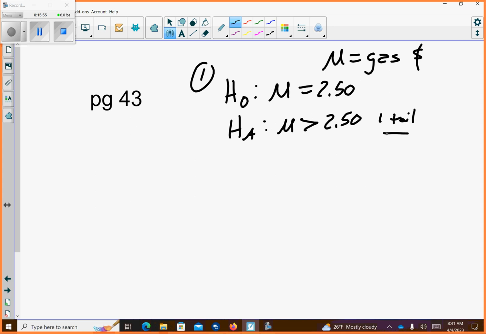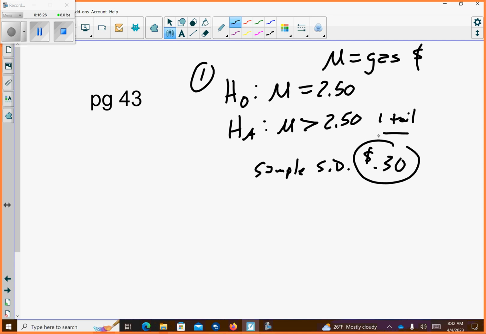Okay. So then we know that our sample standard deviation is 0.30. It's 30 cents. All right. We're saying everything, so that would be normal. But then we did a sample of 20 gas stations.